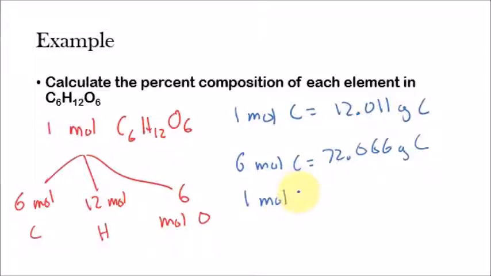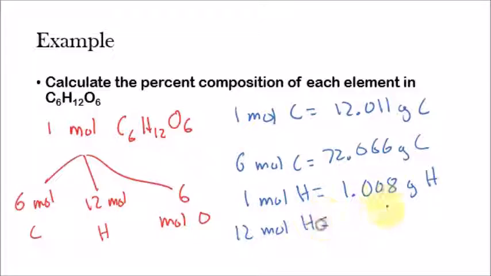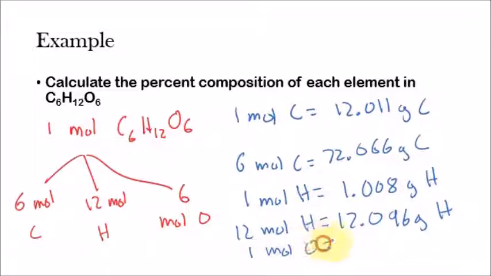So 1 mole of hydrogen is going to have a mass of 1.008 grams. So 12 moles of hydrogen is going to have a mass of 12.096 grams.